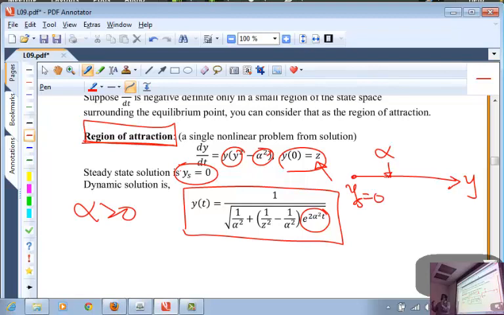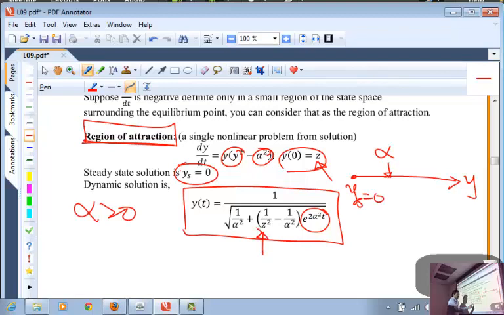So if, for example, z is very large, what happens to this? 1 over z becomes very small, and you have a negative number, right? And you're going to take a square root of a negative number. So again, it's not going to give you a solution that goes to y equal to 0. That solution is not accessible for large values of z.